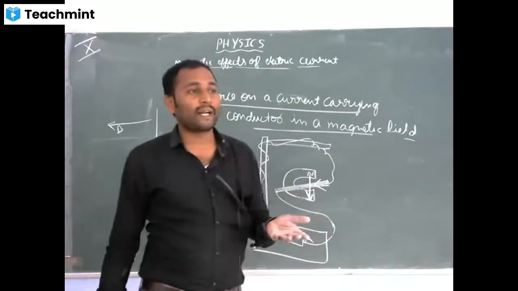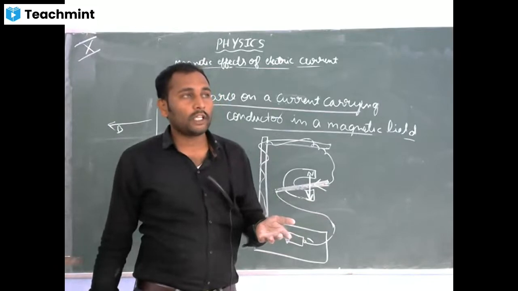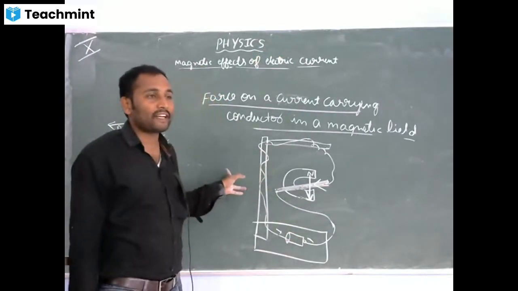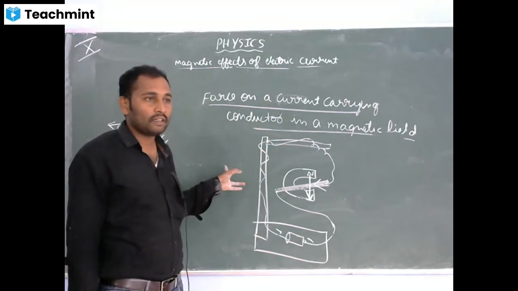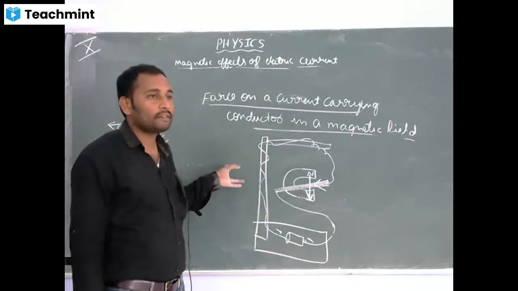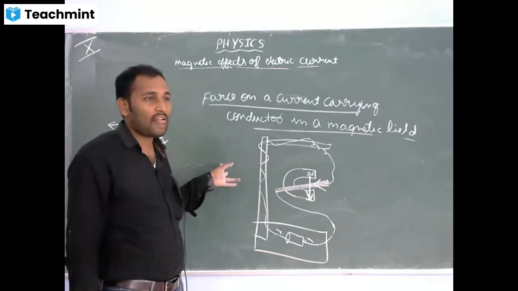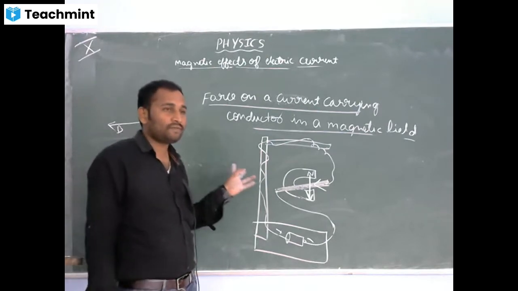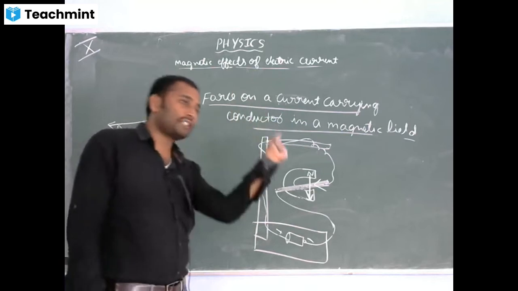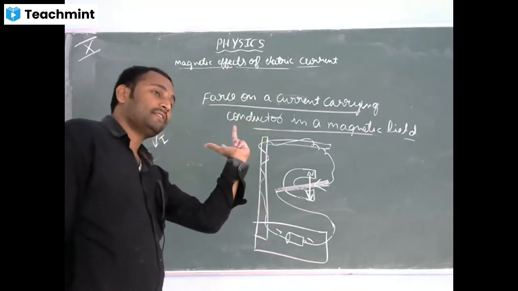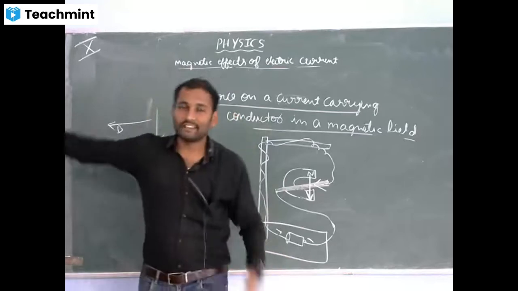The direction of magnetic field is towards the board. Direction of current down to top. Direction of current upside, direction of magnetic field towards the board, direction of motion is left side.